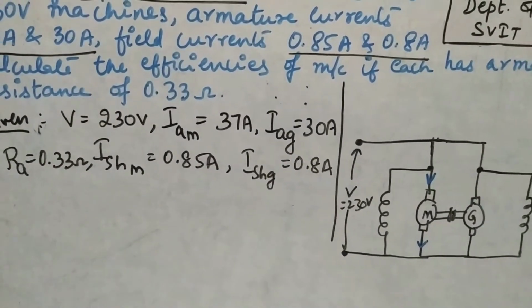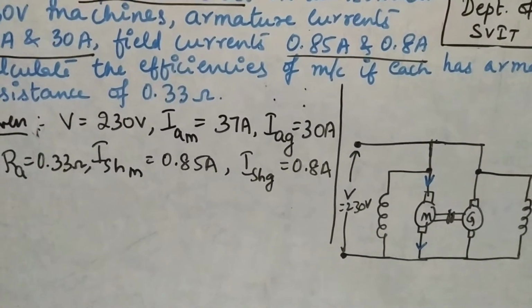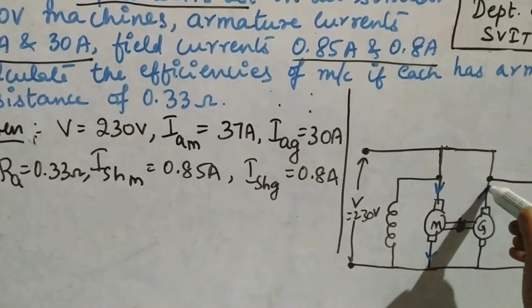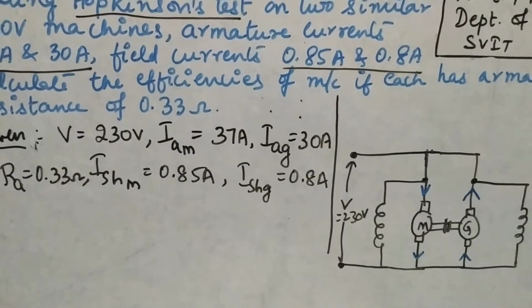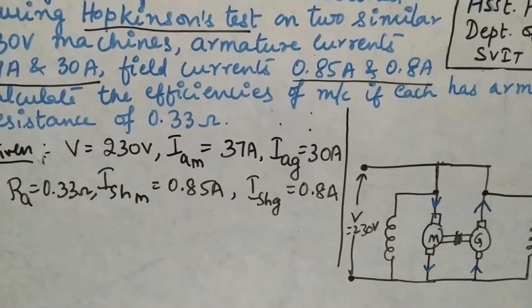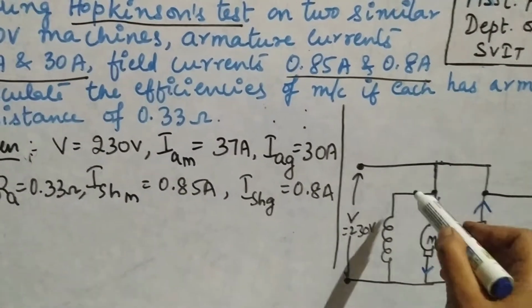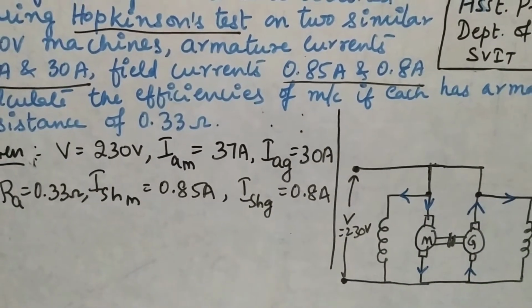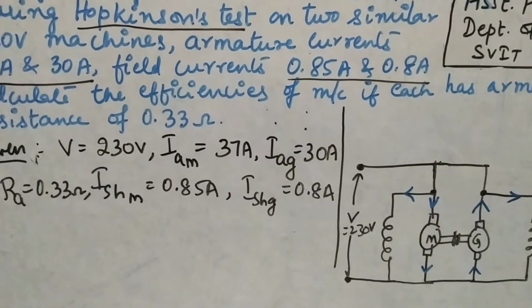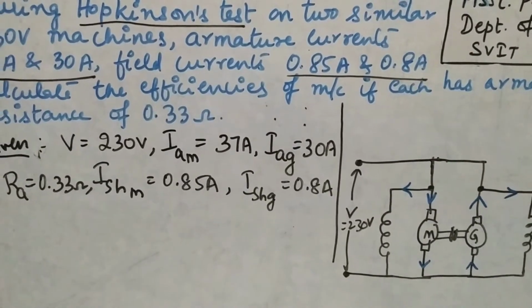And what about the generator? The current gives out, since it generates electricity. And the current to the field winding will always enter here. So you have to mark the direction of the current like that.